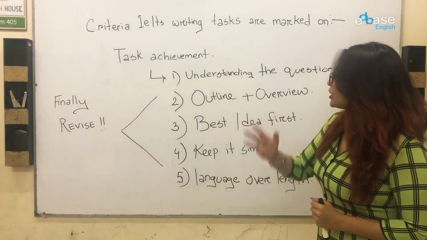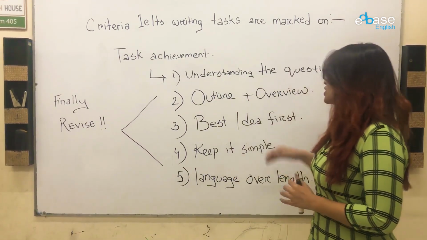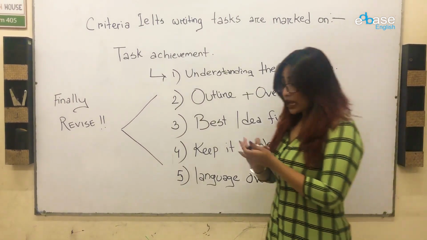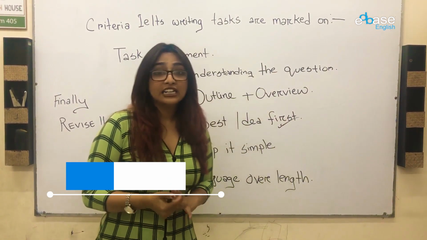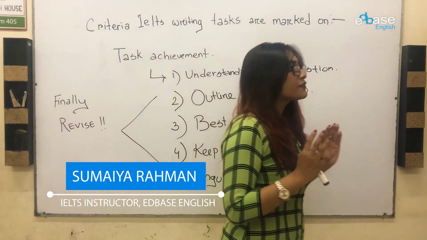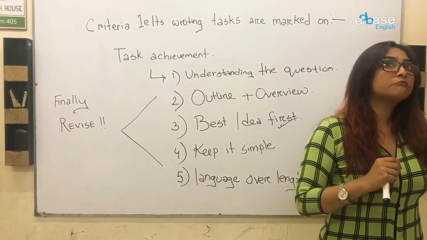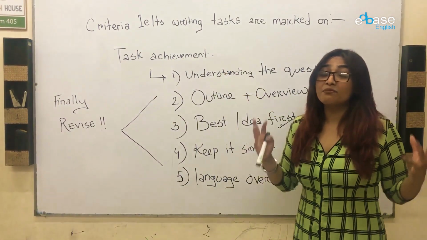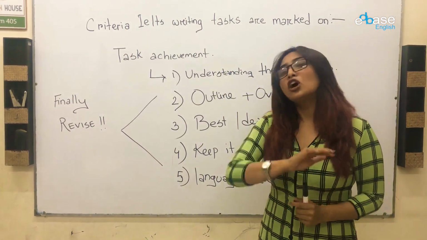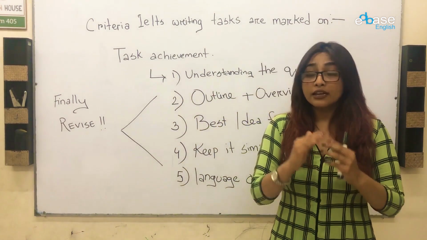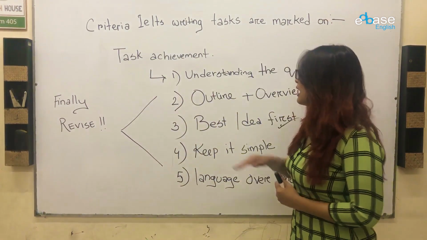Okay? Third of all, best idea first. Now, this is very important because you cannot talk about ideas that you don't have much knowledge on. Let's take, for example, you heard of a story that is related to your question, but you don't have much knowledge of it. So do not go ahead and write that down in the first paragraph, that is the body paragraph.